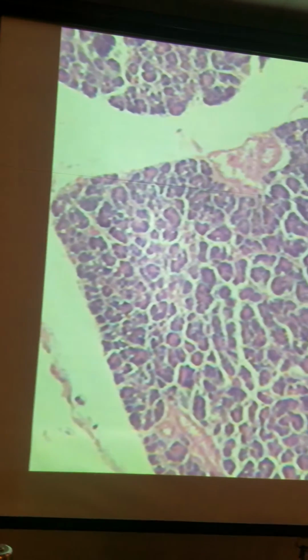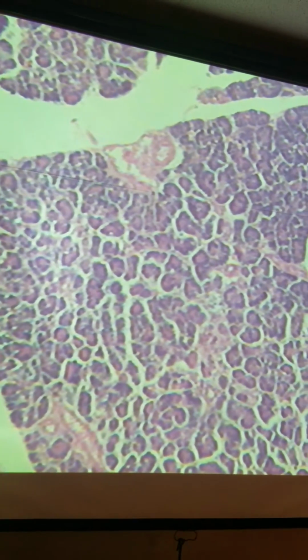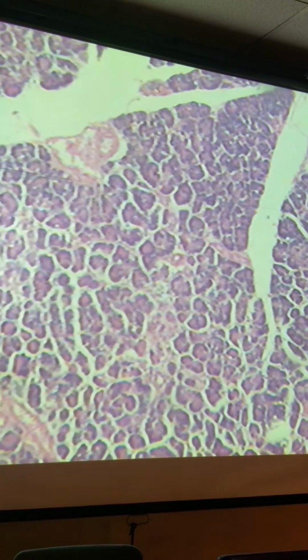The last we need to do is the liver, and the liver is somewhat new compared to the pancreas anyway.